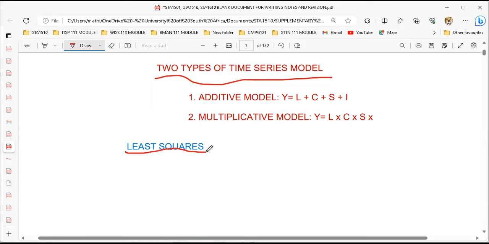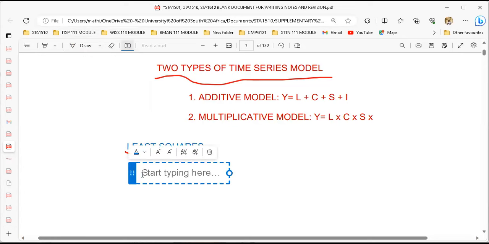So I'm going to write a formula here so that you can all see the formula that we are going to use. That formula is for the least squares. It says y hat is equal to a plus bx, something like this.